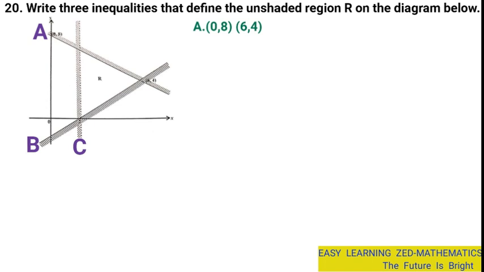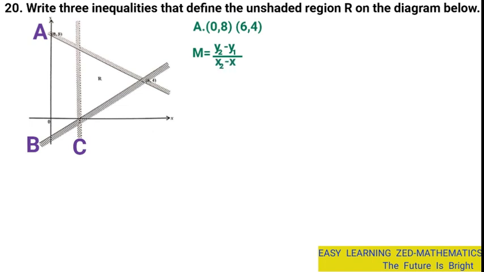Next, I'm going to find the gradient of that line. I'm going to write the formula for finding gradient, which is m equals y2 minus y1 over x2 minus x1.